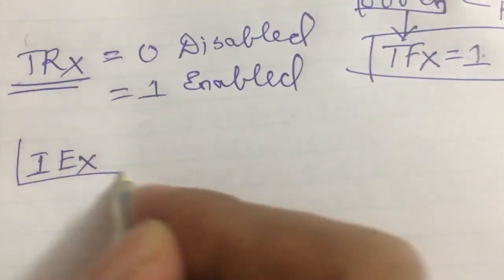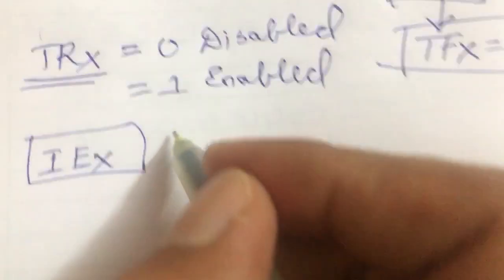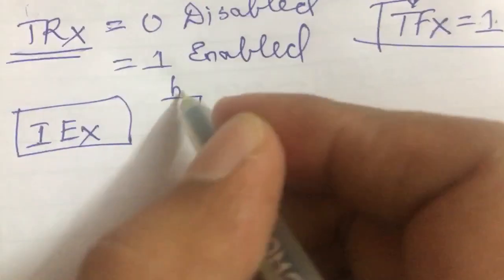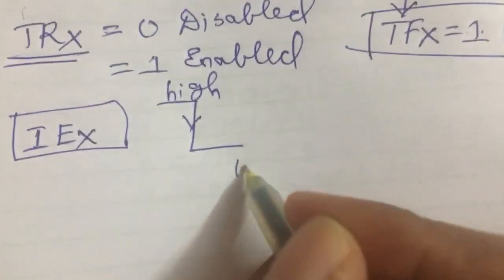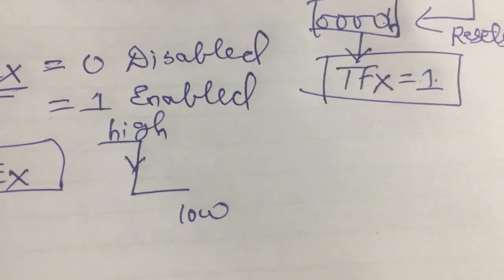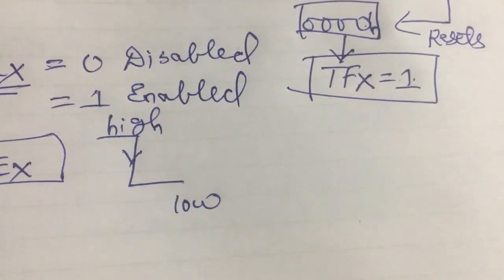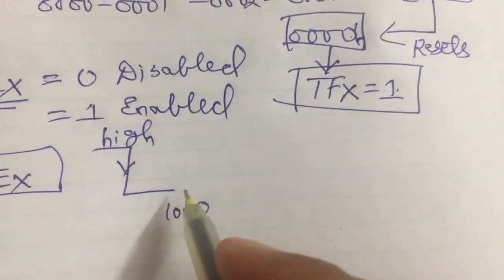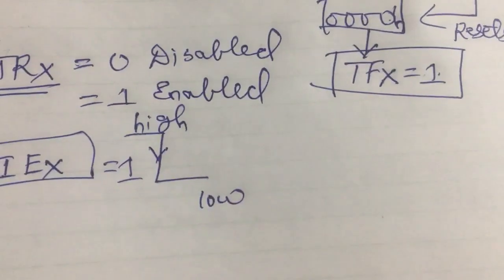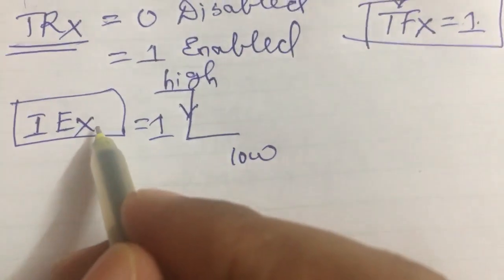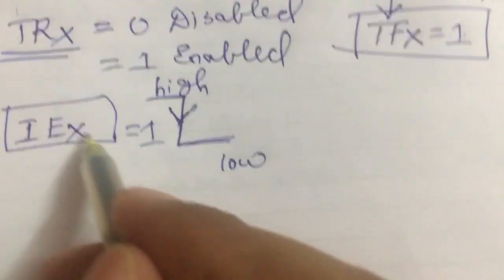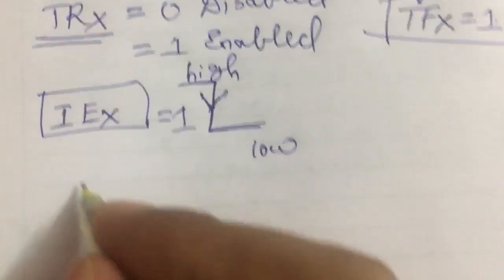When this bit is set, if there is a signal which is coming from high to low, then automatically the value of IEX will become equal to 1. It is with respect to the external interrupt.